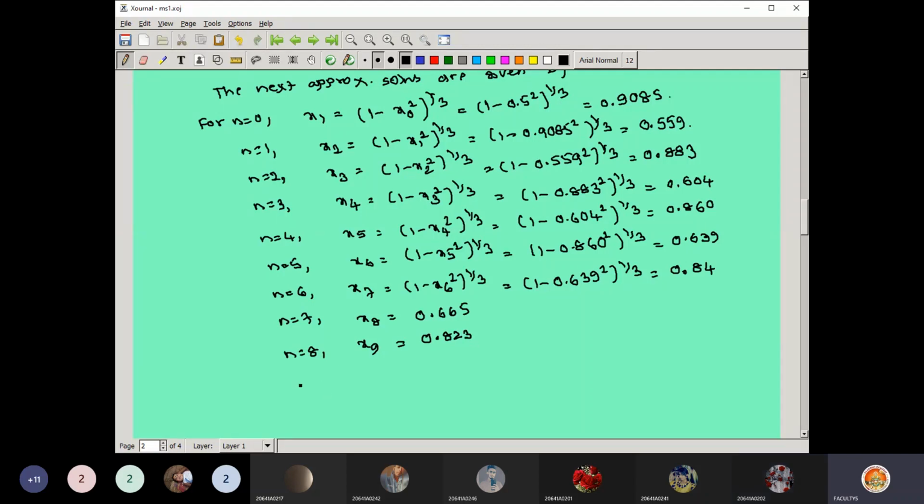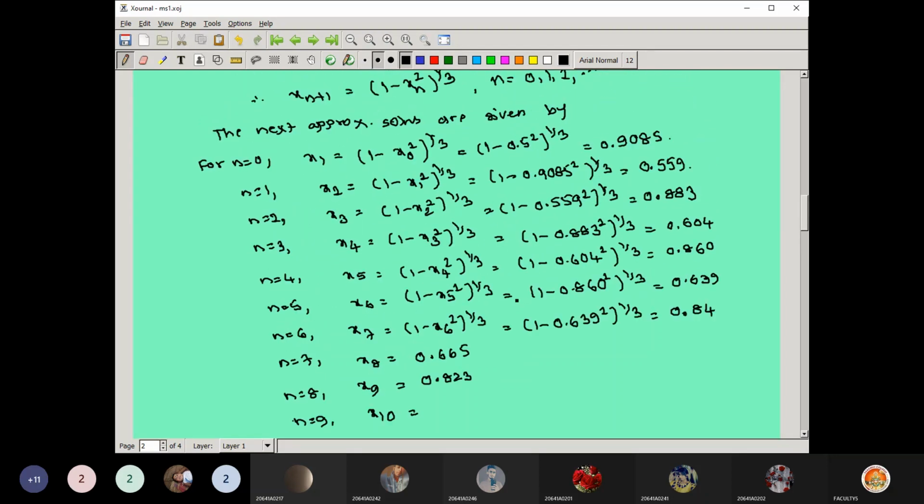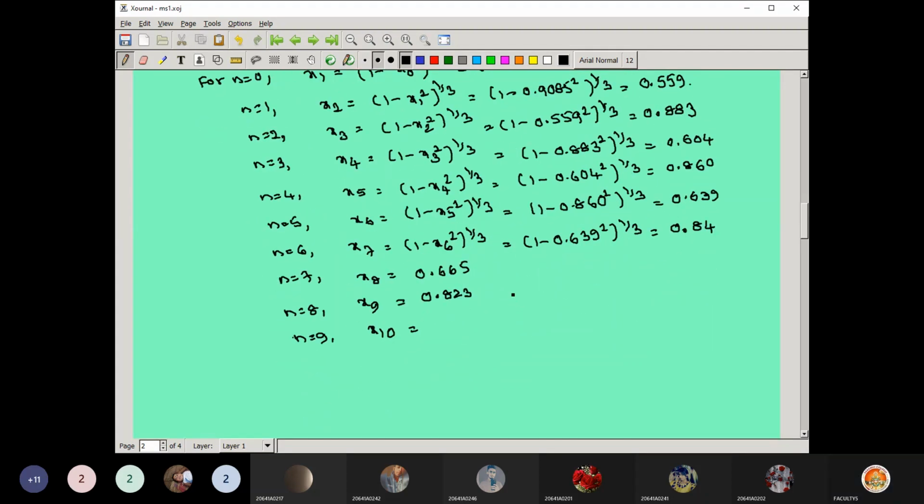Okay, so go for the next, n equal to 9, so that x10. Will you get 0.7 something? 0.686. So it will take more time.